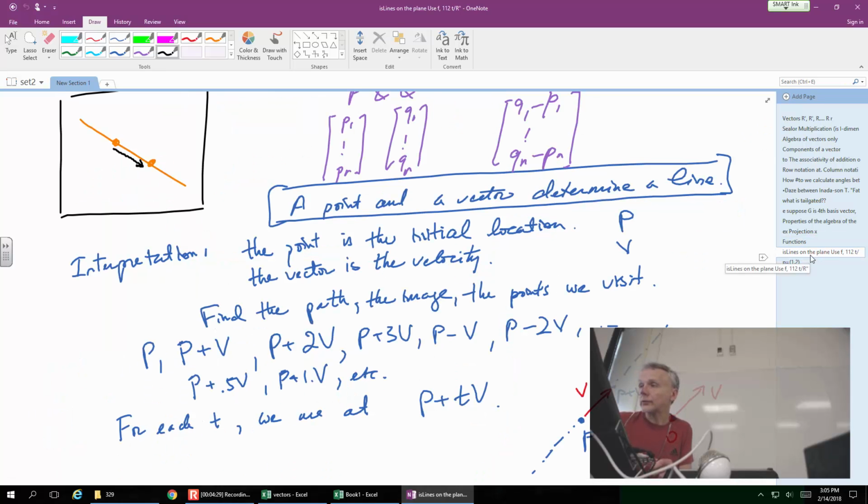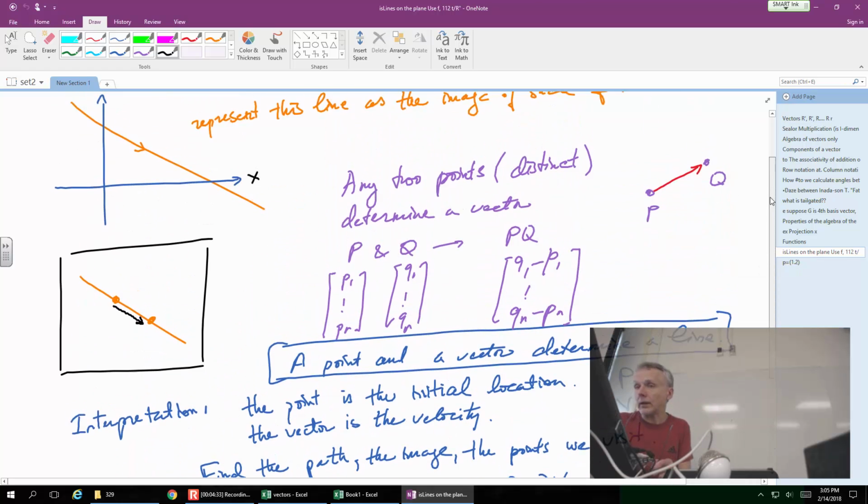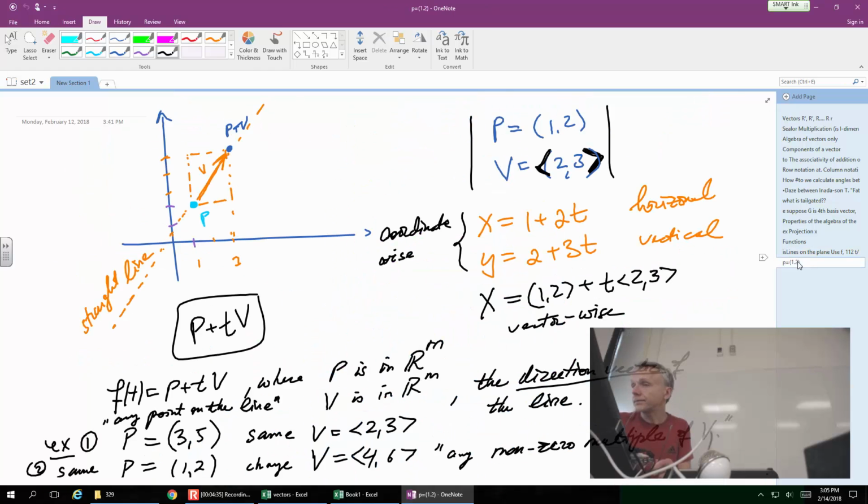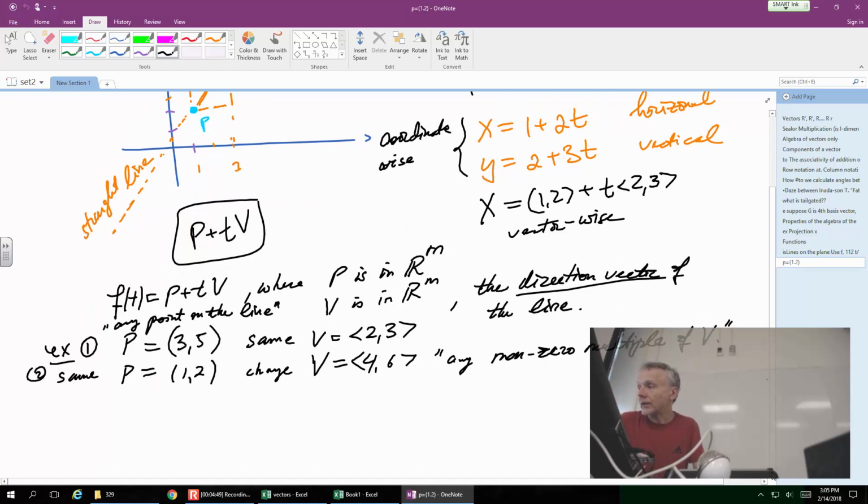Okay, so that's how we represent points and lines on the plane. Let me maybe write it up. What we have discovered is a linear function.